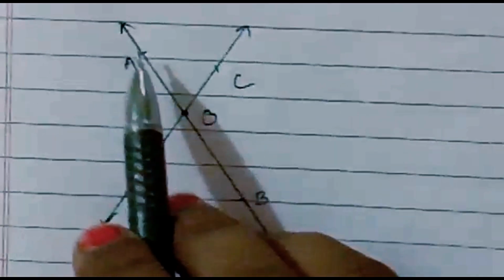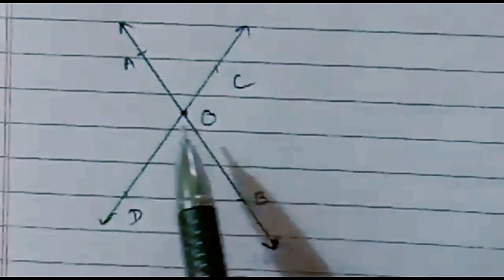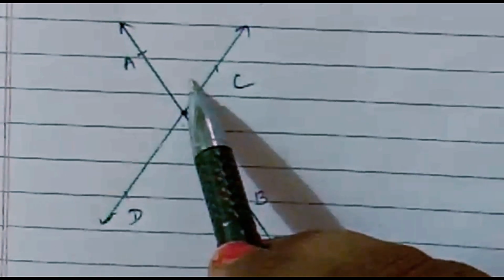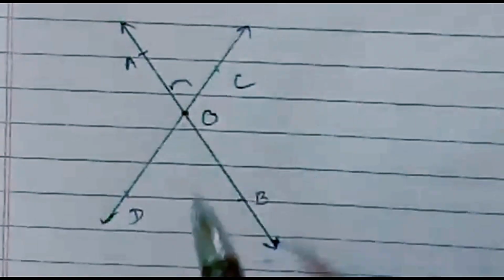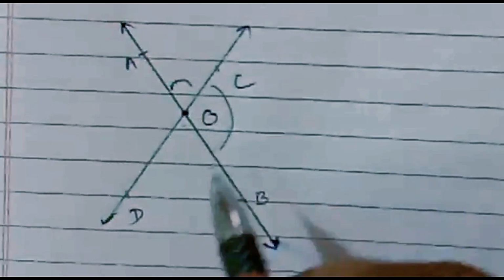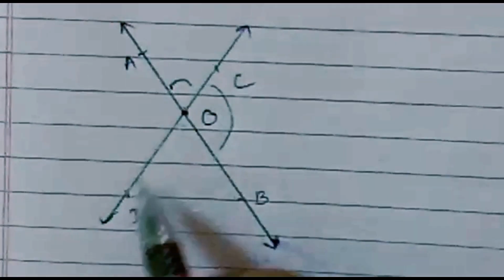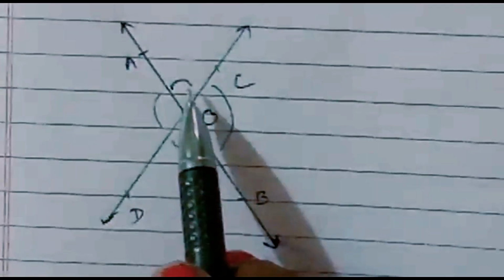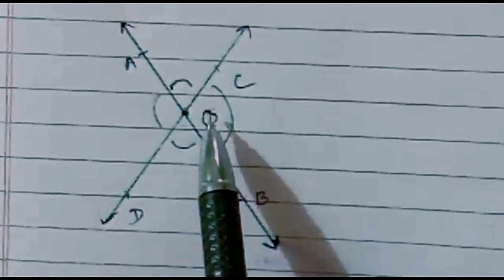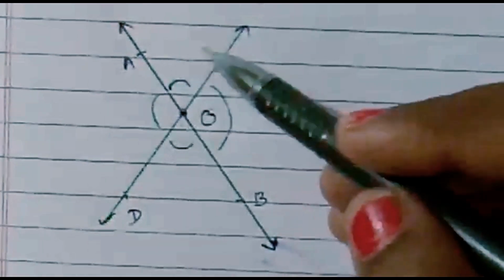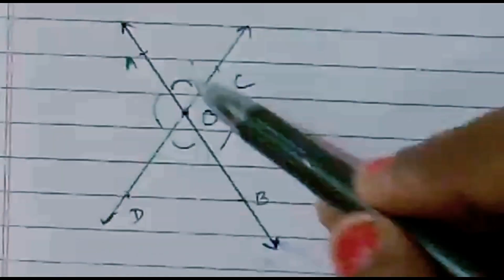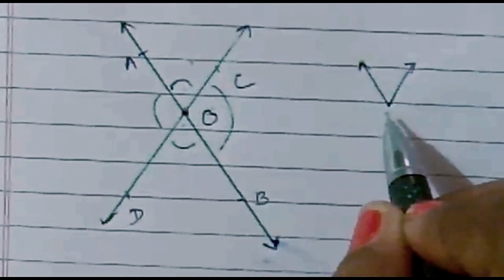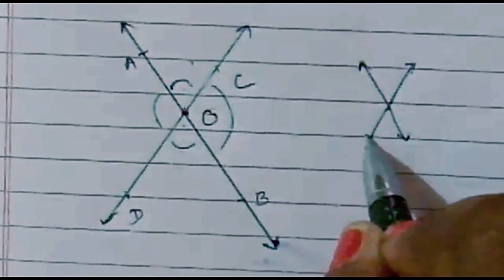Now you can see here line AB and line CD are intersecting each other at point O. So we are getting four angles: first angle AOC, then angle COB, then angle BOD, and then angle AOD. Now if I compare two, for example AOC and BOD, they are exactly in opposite direction, right?